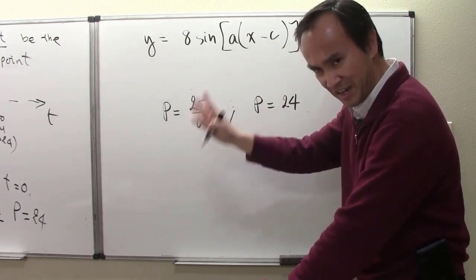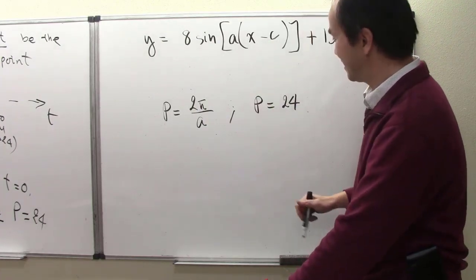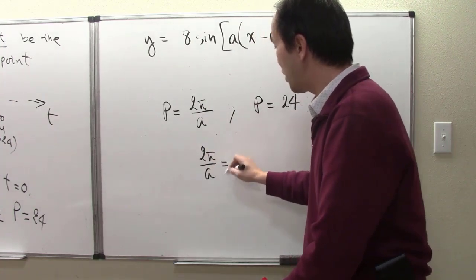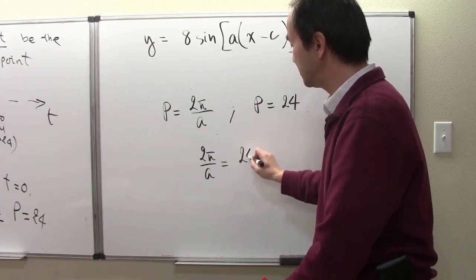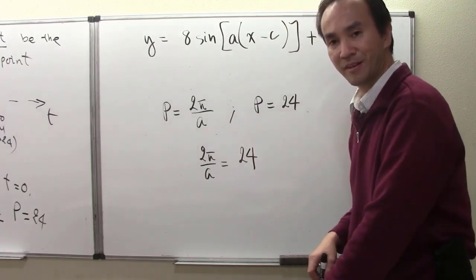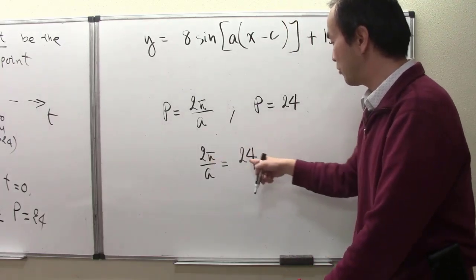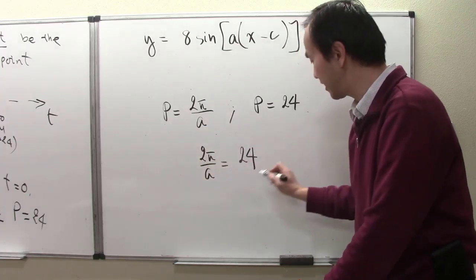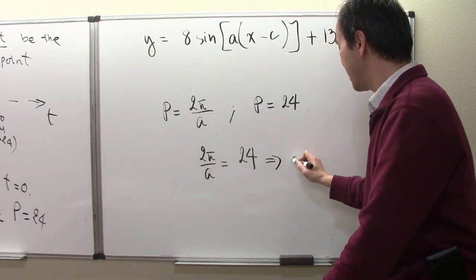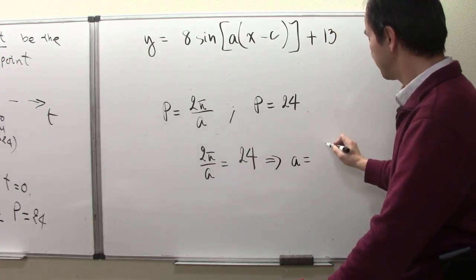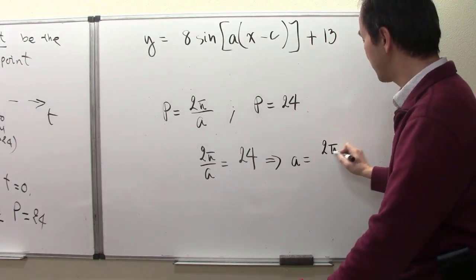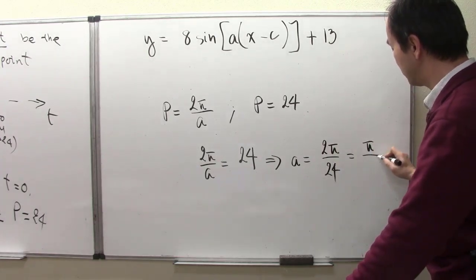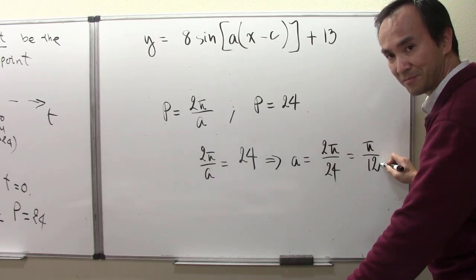Here in our particular problem, it's 24 hours. That means we are going to equate 2 pi over a with 24, and I am going to solve this equation for a. That leads to a must equal 2 pi over 24, which reduces down to pi over 12.